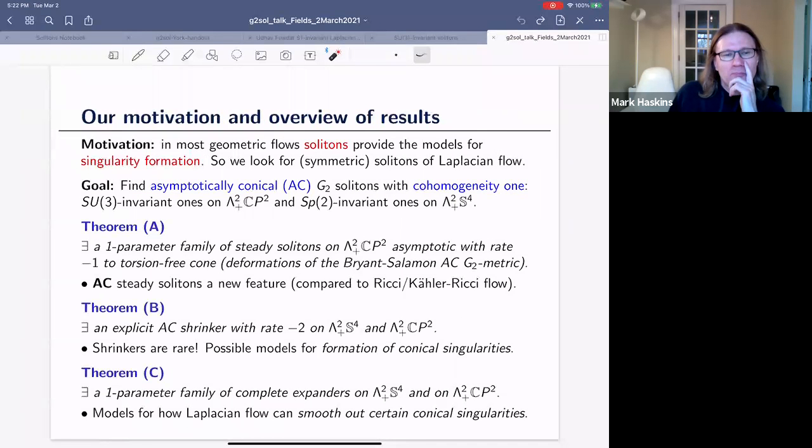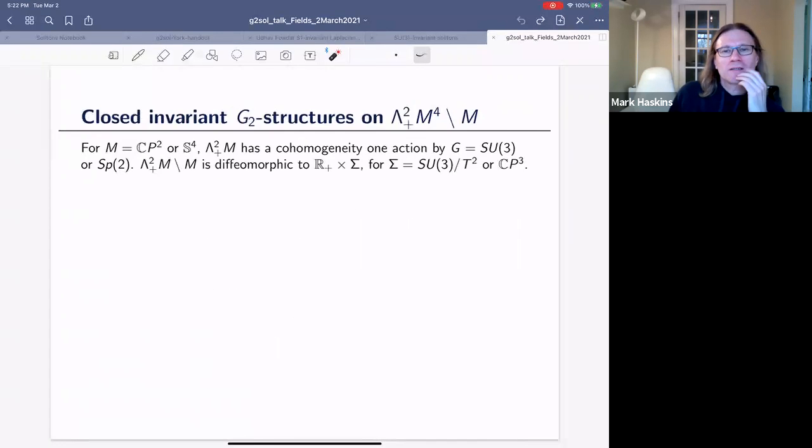So all right, let's do a little bit just about SU(3) invariant G2 structures. Take out the zero section of this rank 3 bundle, and then that space is just R plus times the cross section.